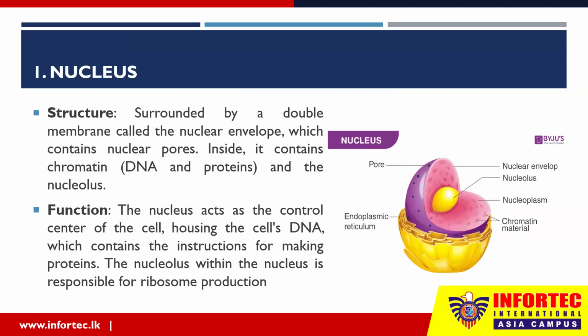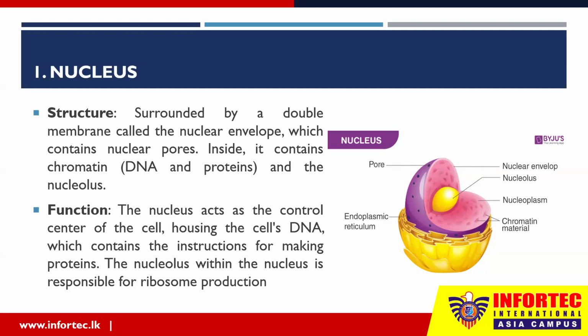Okay, now let's focus on the nucleus. As I previously said, the nucleus is the largest organelle in the cell, which we can even see using a light microscope. The nucleus has a double membrane, which we call the nuclear envelope, right?